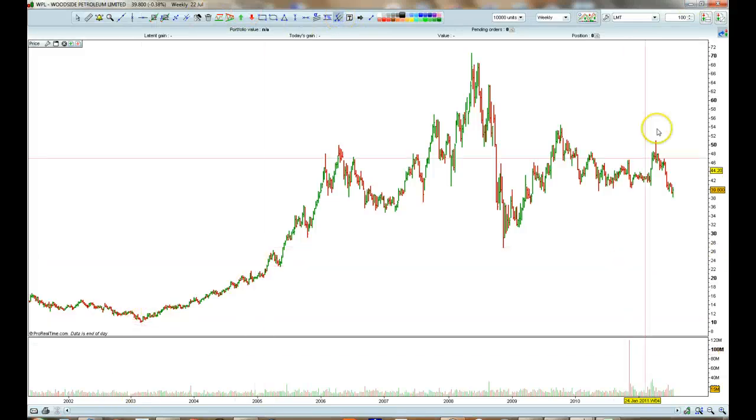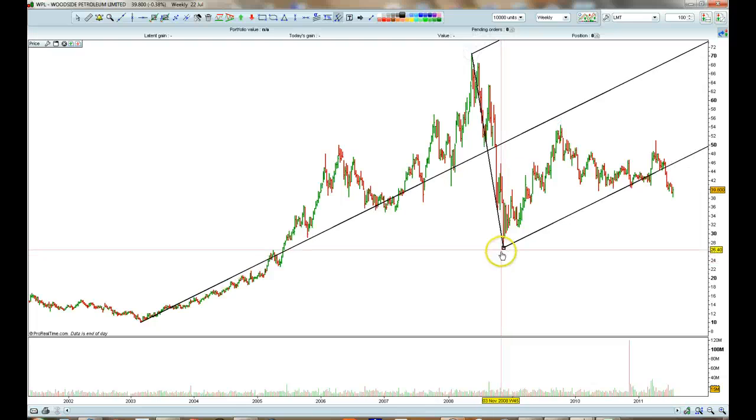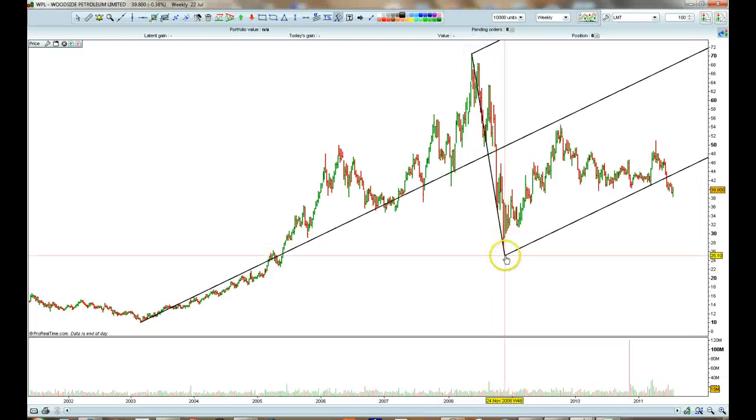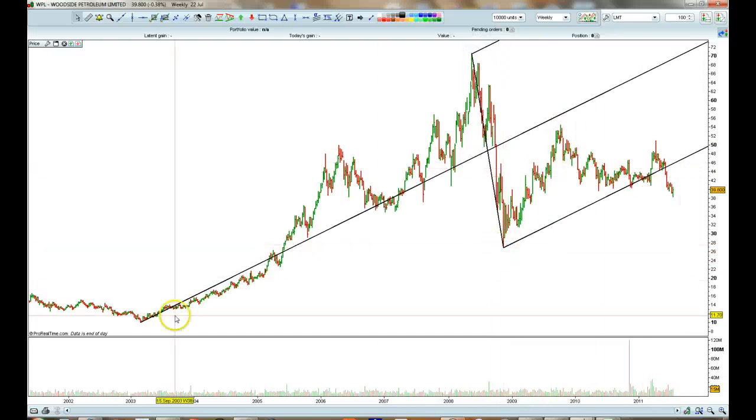I'll just have a look. What can I do here? I think I'll just put in a pitchfork there. I did this last week, but I do that just to show it's broken through that uptrending pitchfork.